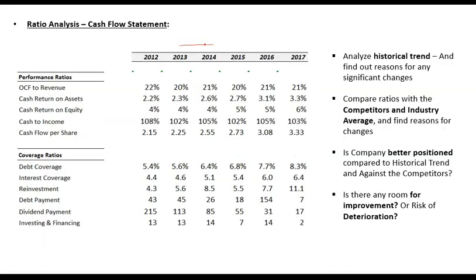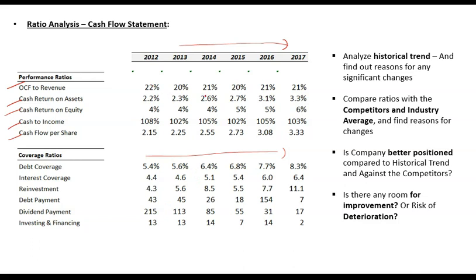You will look at the historic trend and you will do the comparative analysis both. So this is the historic trend. If I calculate OCF to revenue, cash return on asset, cash return on equity, cash to income, cash flow per share, this is the trend for performance ratios, and these are the trends for coverage ratios.